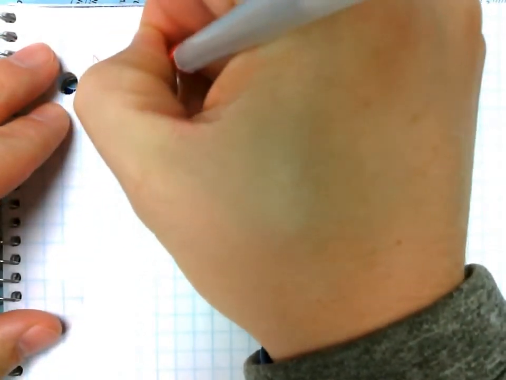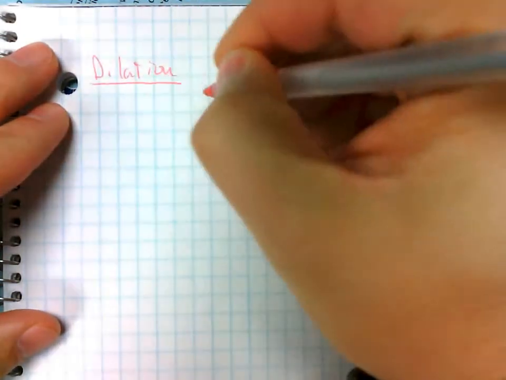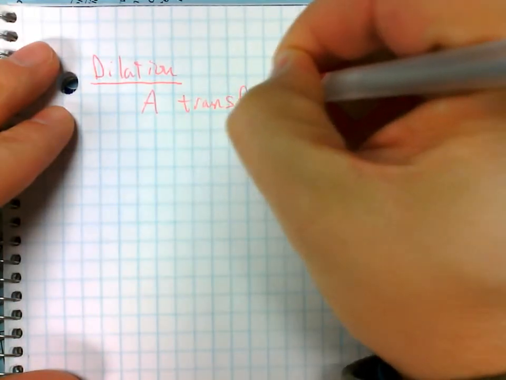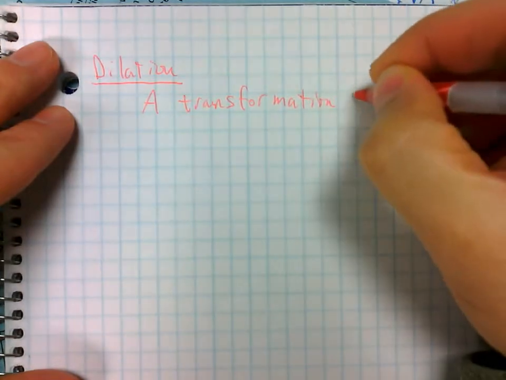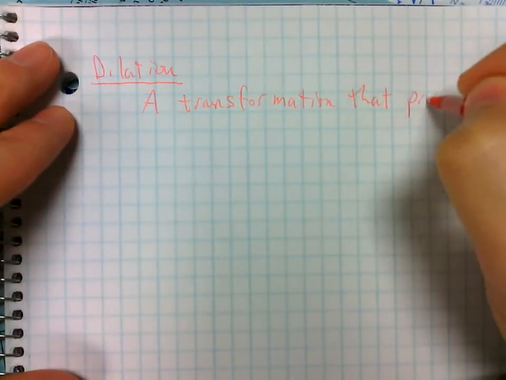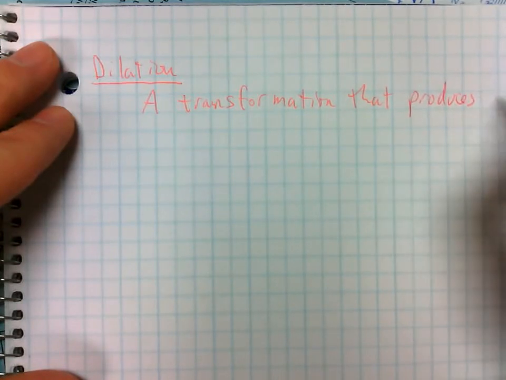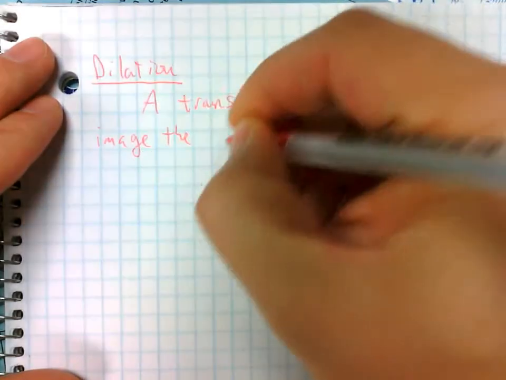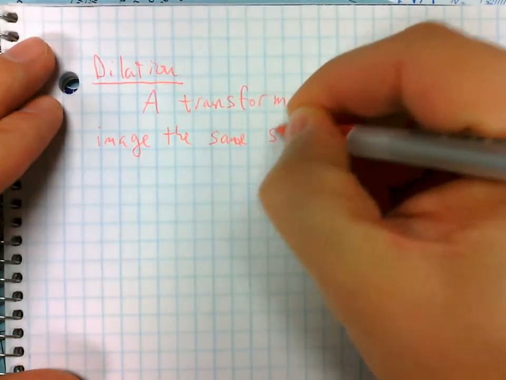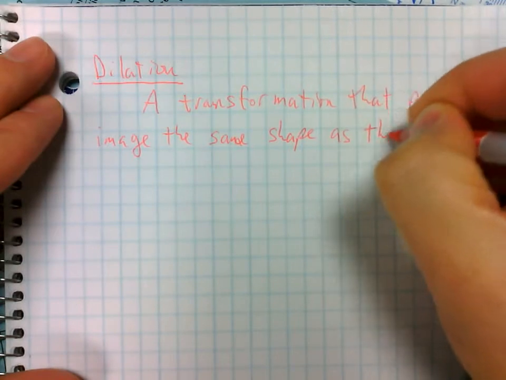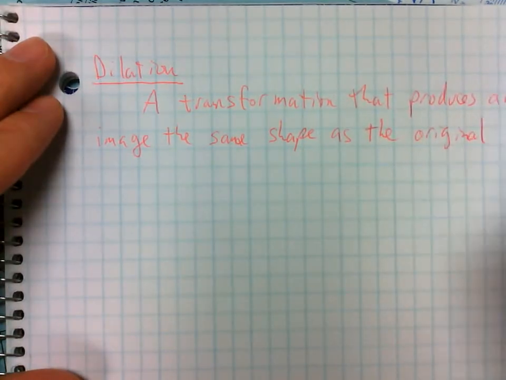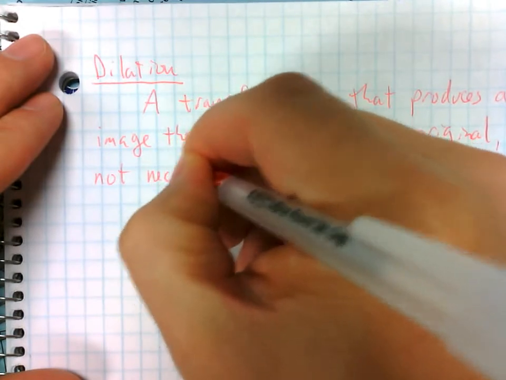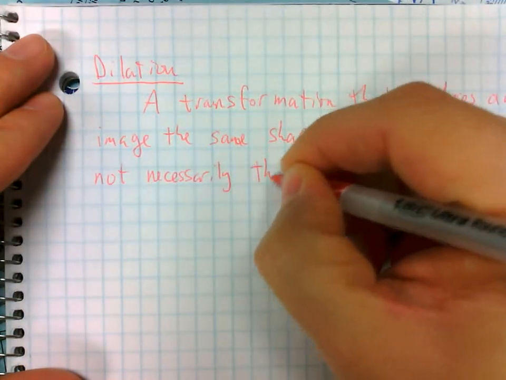A dilation is a transformation that produces an image the same shape as the original, but not necessarily the same size.